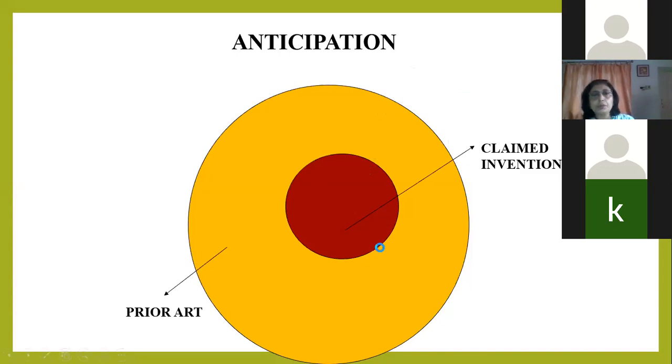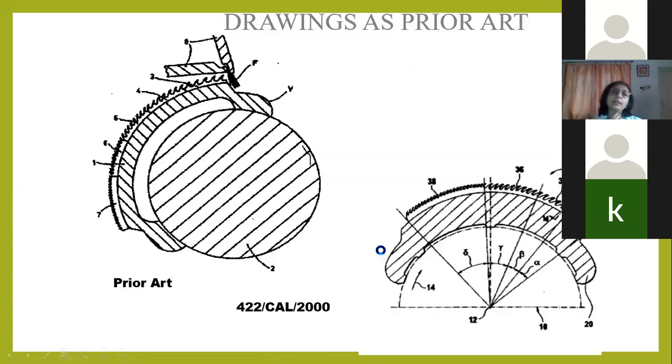Now, if we look at this case, this is a very important, interesting case we had for opposition. This is the invention, about a comb in textile machinery.